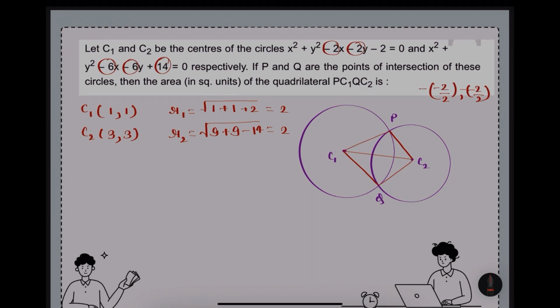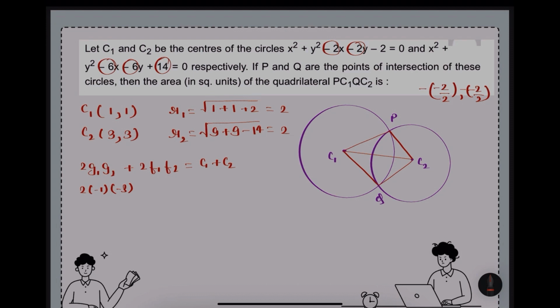Okay, so I'll check the condition 2 g1 g2 plus 2 f1 f2 equals c1 plus c2, whether it is satisfied or not. I'll go with the LHS first. So 2 times g1, which is minus of 1, g2 is minus of 3, because you know that the center is minus g, minus f, but we are interested in g, so it will become minus of that.